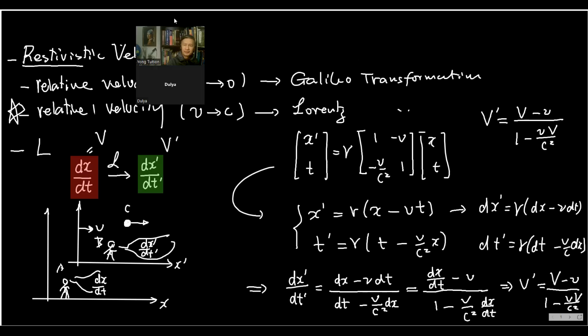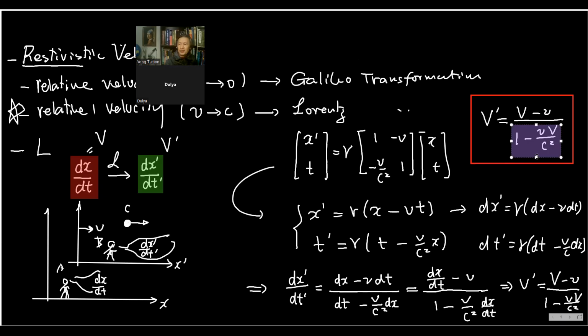Do you agree? I think your brother studied this. I told your brother as well. So if you want to know this transformation, this is the formula for how to transform the velocity, which is different from Galileo's velocity transformation, which doesn't have this factor here.